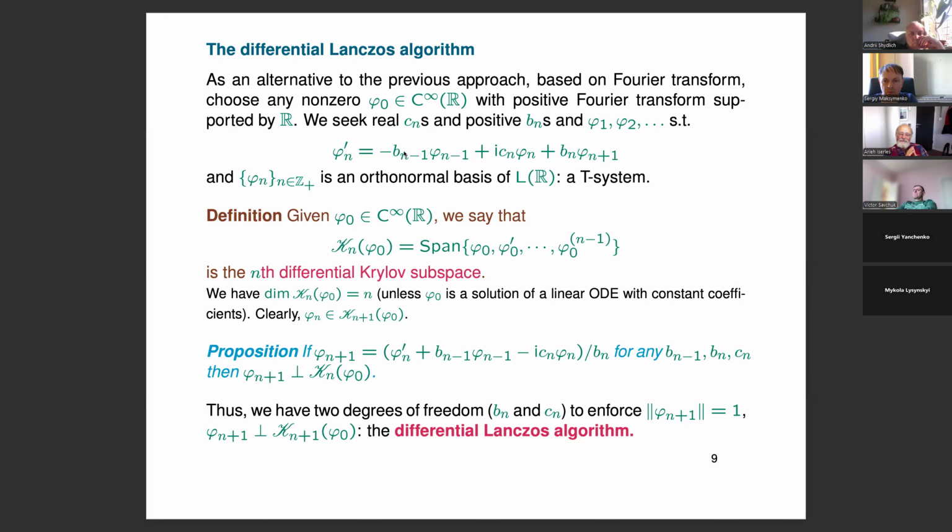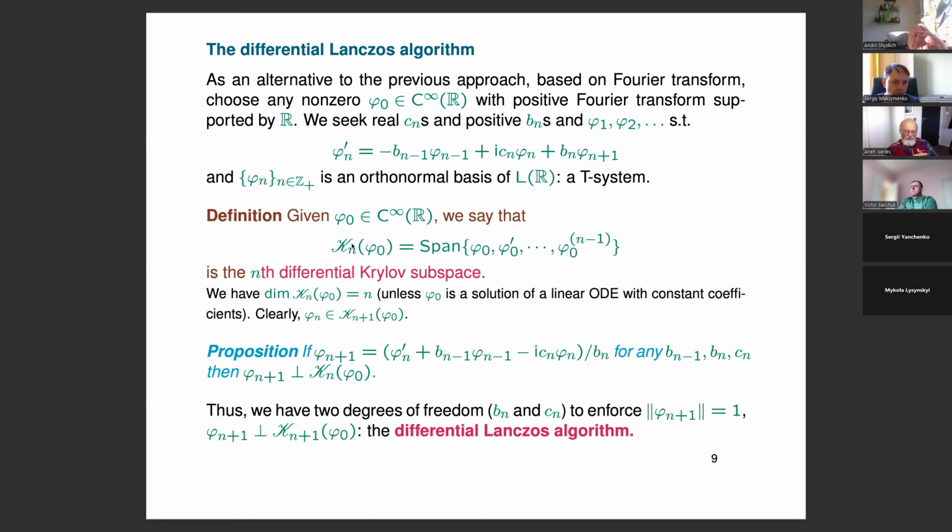And to this end, we have this phi 0, and we say that Kn(phi 0) is the nth differential Krylov subspace if it is the span of phi 0, phi 0 prime, up to the (n minus first) derivative of phi 0. So we are taking the first n derivatives counting from 0, we take all the linear combinations, and we obtain a linear space. We call it the nth differential Krylov subspace.